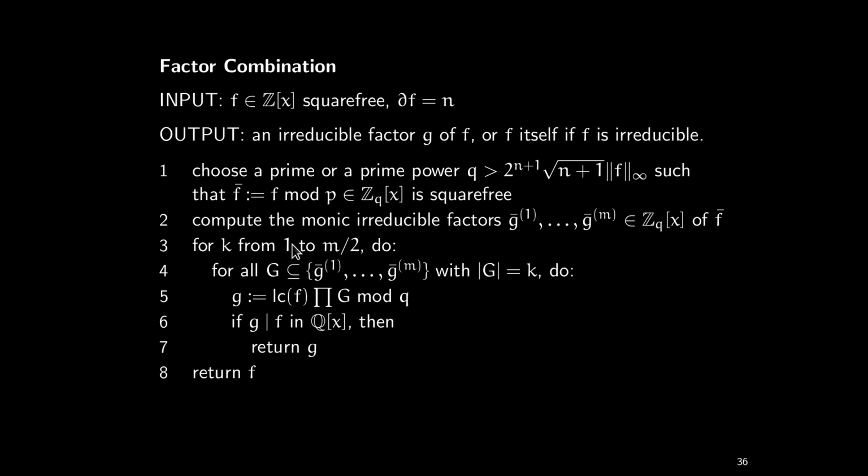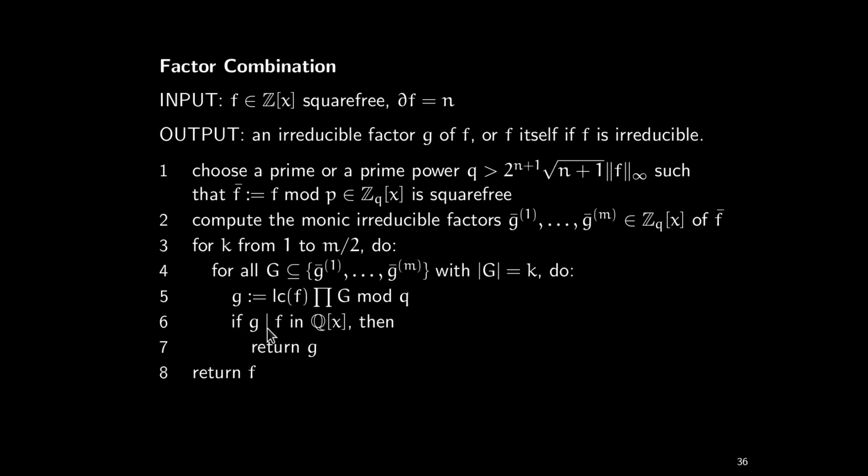So for every size of subsets, you go through all the subsets of that size and check the candidate factor G that is obtained by the leading coefficient of f and the product of all the elements of the subset that you have chosen. You take it mod Q and interpret it as an integer polynomial with coefficients between minus Q half and Q half.